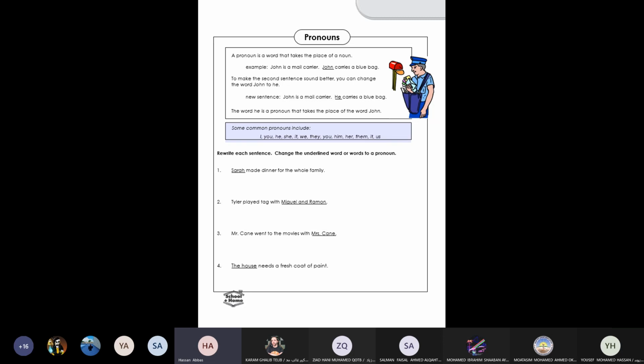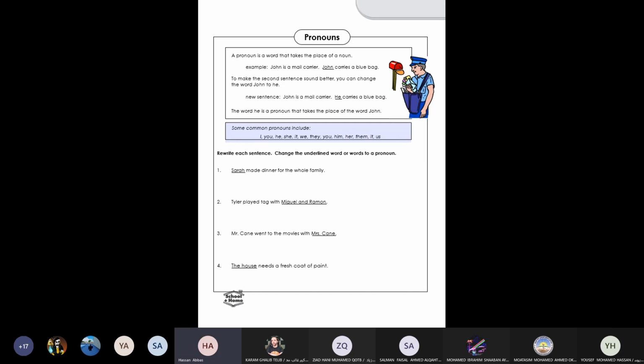So no need to mention the gender for the noun or the name, because you didn't know at that time who it was or what gender. So instead of that, we use it.